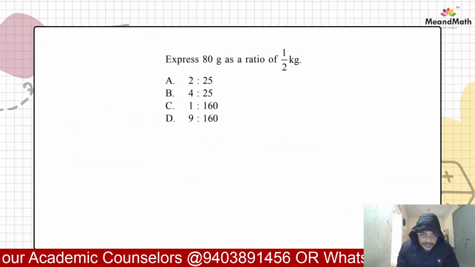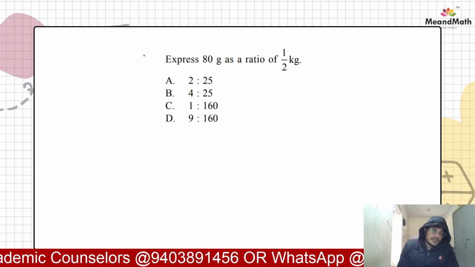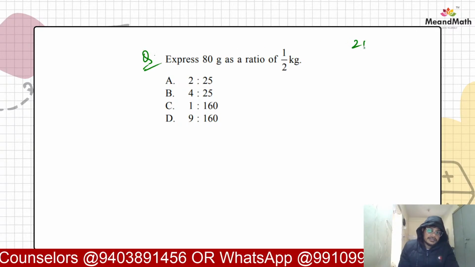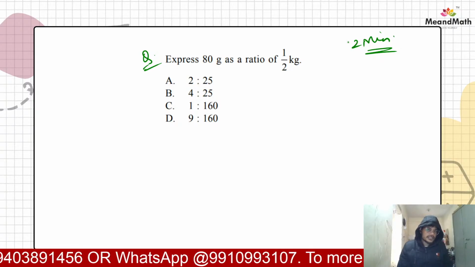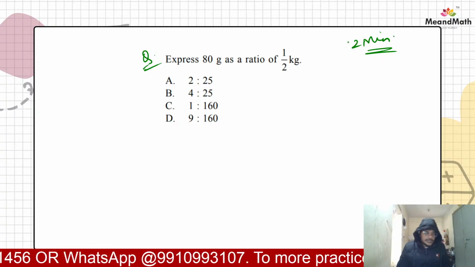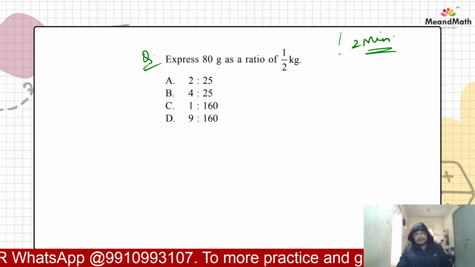Okay, clear? Now do this question, beta. Again, 2 minutes. This is very simple. I won't give any hint in this question, and neither will I do this question. This is very basic. You tell me the answer for this. You have 2 minutes.